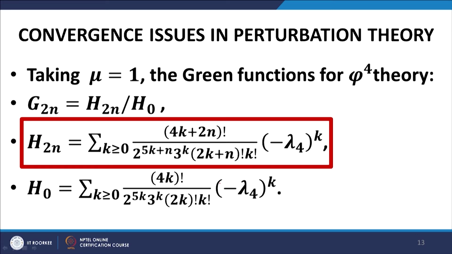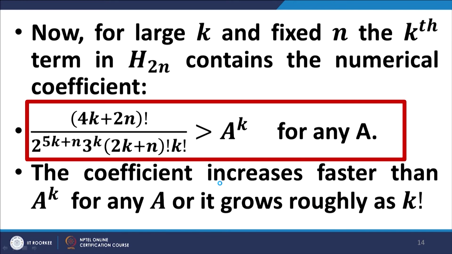H0 is obtained by putting n equal to 0. For large k, but for fixed n, let us see what the kth expression in H2n is. The interesting feature is, if you analyze this expression, it diverges in the sense that it increases faster than a to the power k.